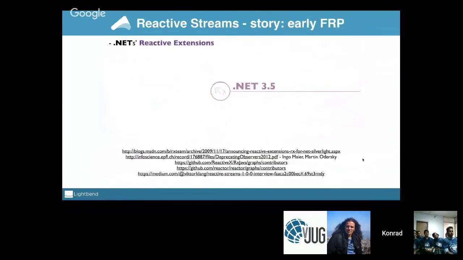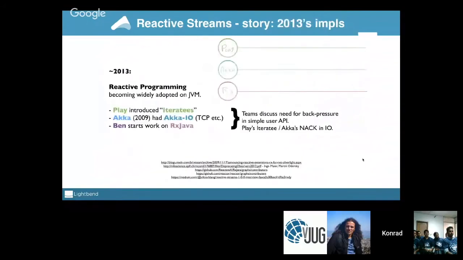So it's 2009, basically. And what it didn't have when it started out was the back pressure. It was mostly concerned about just the model of the observable, that you subscribe to stuff, and you'll be getting some events. On the other hand, Play already back then had some thoughts and needs around supporting back pressure.